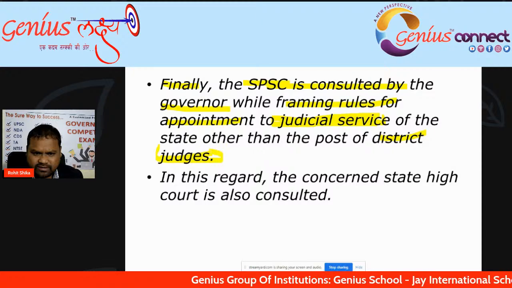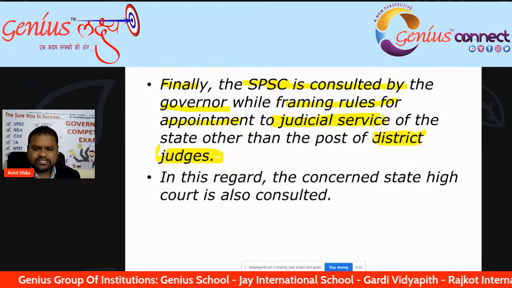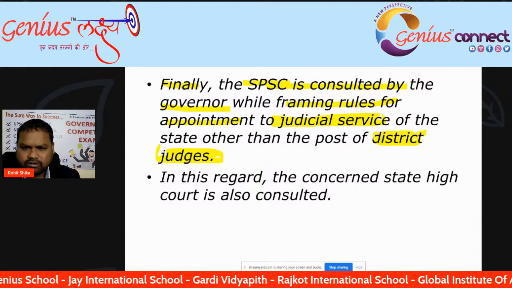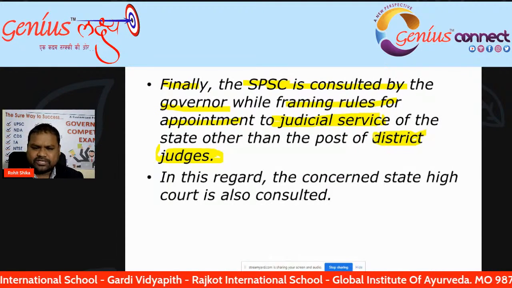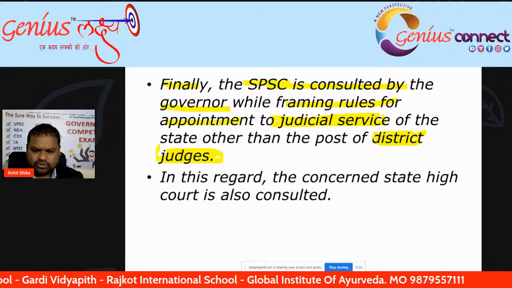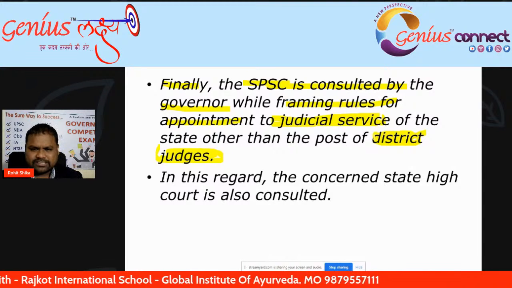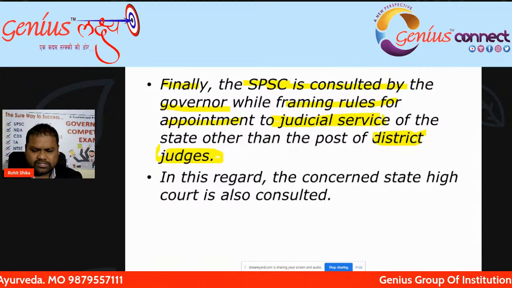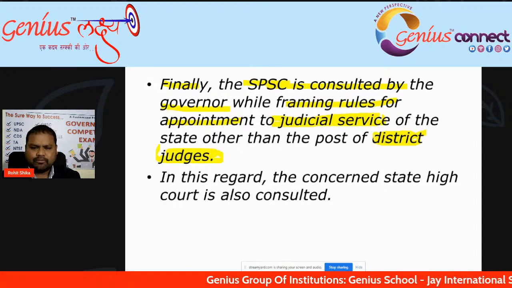When it is a matter of district judge, at that time, State Public Service Commission has no role. Except district judge, all the judicial services are a matter of State Public Service Commission because governor consults it while framing rules for the appointment.